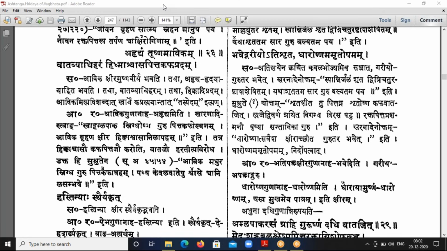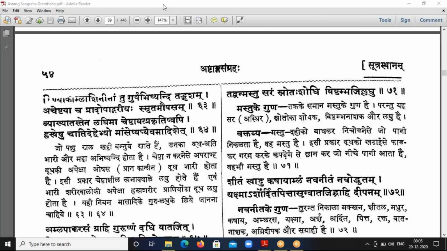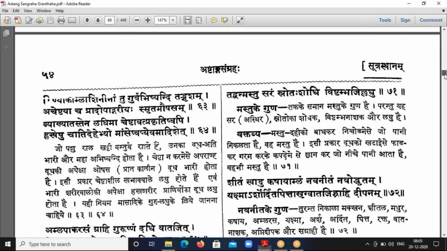Generally, these animals are milked 2 times a day, once in the morning, ushas, and once in the evening, pradosha. The milk which is taken in the morning is known as aushasam; something related to ushas is known as aushasam. And in the evening, it is known as pradosham.